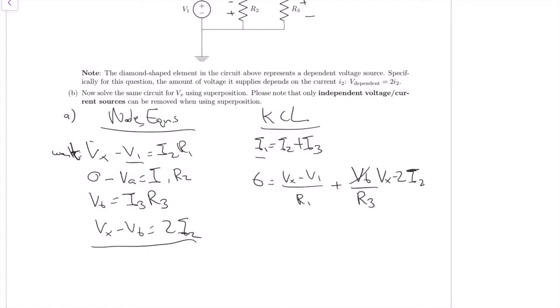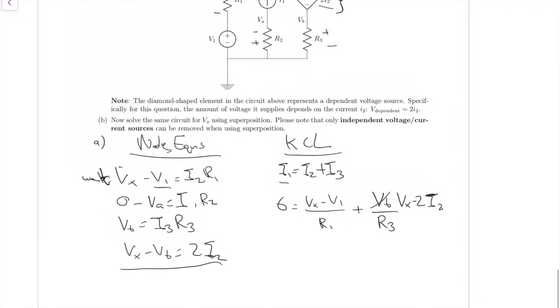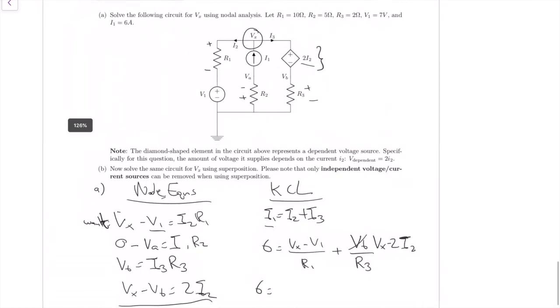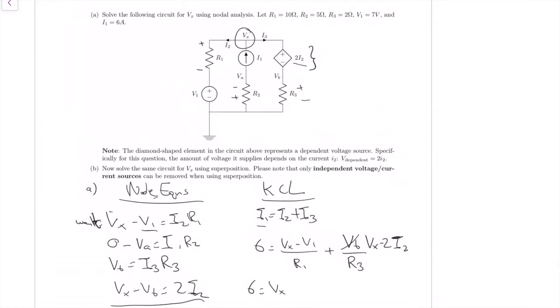Okay, so now that we have written it this way, let's plug in some more numbers to make it a little less intimidating again, because I don't want it to become like the first problem, because that was super messy. Let's see. So we have Vx, we don't know, but we do have V1 and R1.